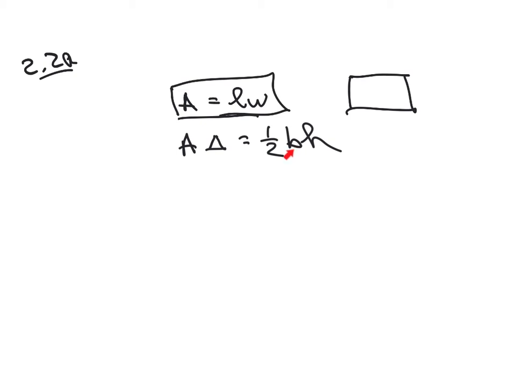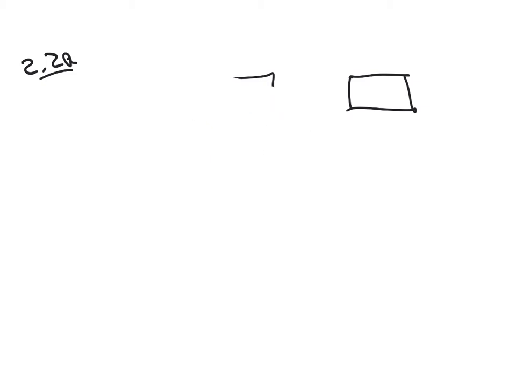So I need to know that B maybe is 2 and H is 3 so that I can solve for A. So remember, the number of equations and the number of variables has to be the same or you can't solve it. So I've got one equation with 3 variables, therefore I can't solve it unless I can whittle this down to only 1 variable. So they have to give me enough information in the story problem so that I only have 1 variable.